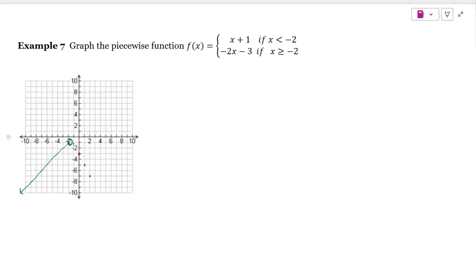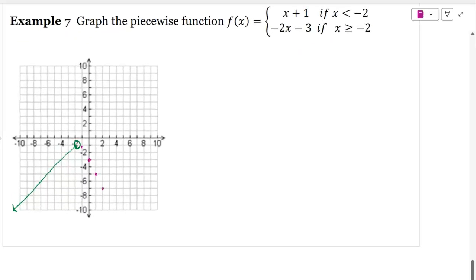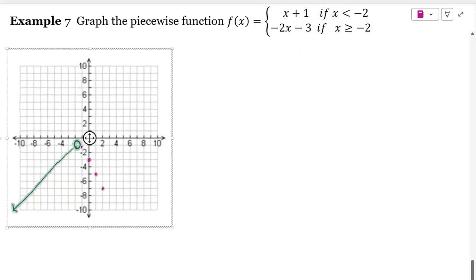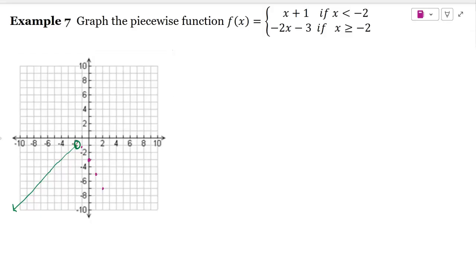Let me make this a little bit bigger here. So we're going to look like this. Let me erase this for a second. So we're going to have a closed circle up here, but we're going to have an open circle down here.